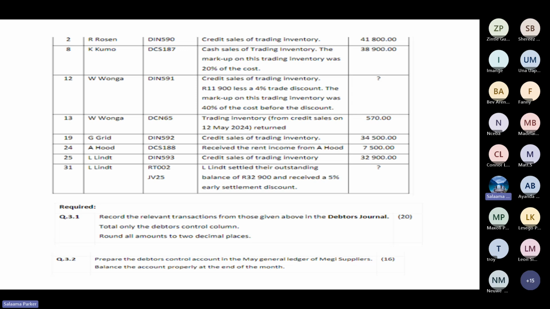This is what they wanted you to do, the debtors journal, and that is what we're going to be looking at now. Which transaction should go into the debtors journal? I've also done the debtors allowance in the event that you could be asked to do the debtors allowance. Okay. Right. So please just take note of that.